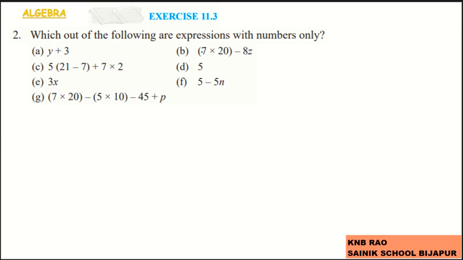Which out of the following are expressions with numbers only? Here y plus 3 has a variable. 5 into 21 minus 7 plus 7 into 2, yes, it has only numbers. 3 into x has a variable, so it cannot be. 7 into 20 minus 5 into 10 minus 20, yes. 45 plus p has variable p. 7 into 20 minus 8z has variable z. 5, yes, it alone has numbers, and 5 minus 5n again has variable n, so it won't be.